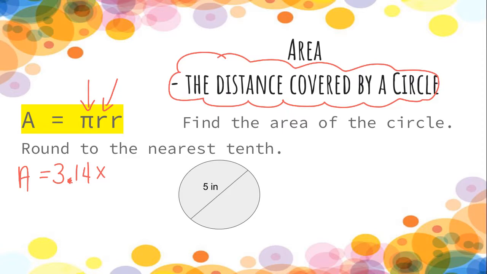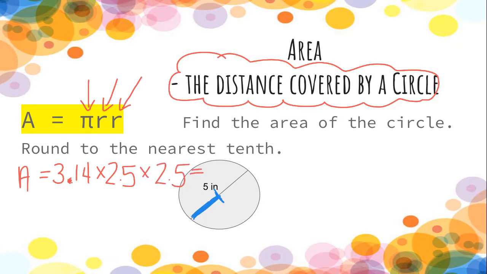So remember, you can't always use the numbers I give you. Sometimes you have to think about it. So I need to cut this diameter in half because I only want half of it. That's a radius. And so what is half of 5? 2.5.